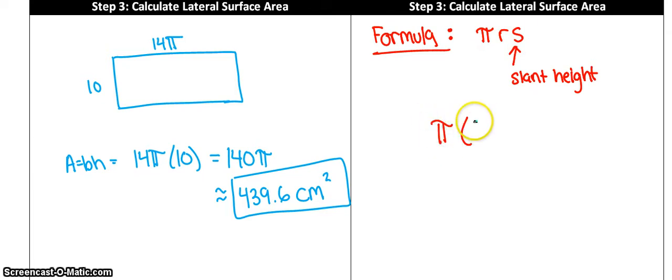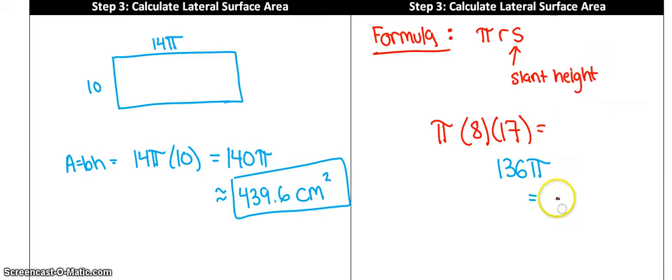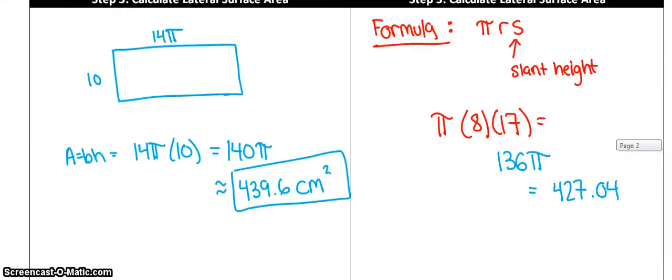So our radius in this case was 8, and our slant height was 17. And if you multiply those out, that's the lateral surface area. So 8 times 17 gives you 136, times pi is my exact answer. If I want my decimal form, I'll multiply by pi, or 3.14. Now, since I'm using 3.14, I rounded. This is an approximate answer. So it's 427.04. And again, I want to include my units, and this one was feet instead of centimeters.